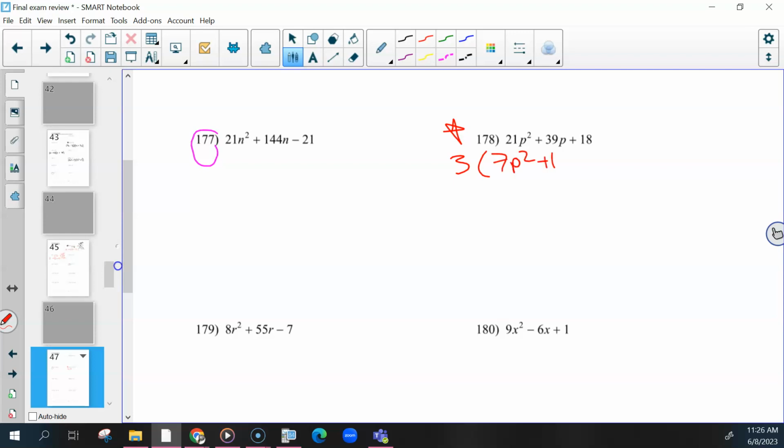7p squared plus 13p plus 6. Multiply 7 and 6.